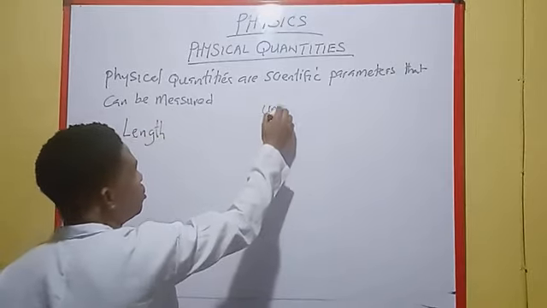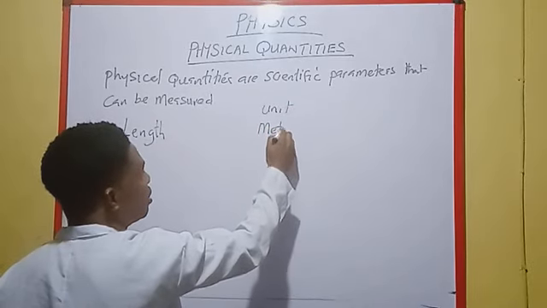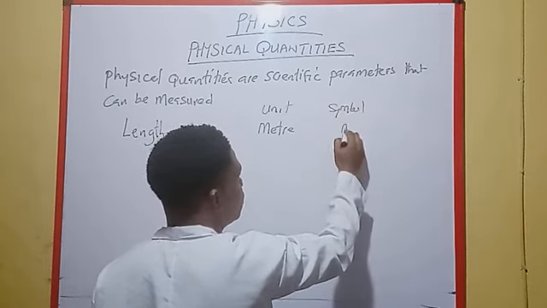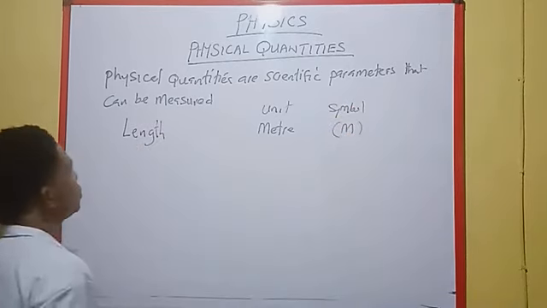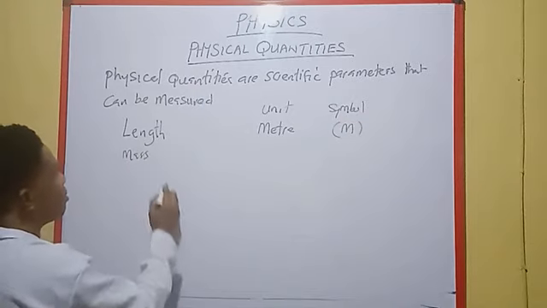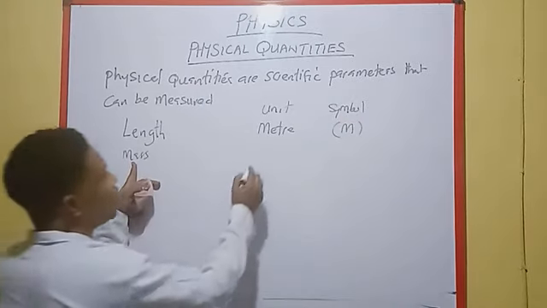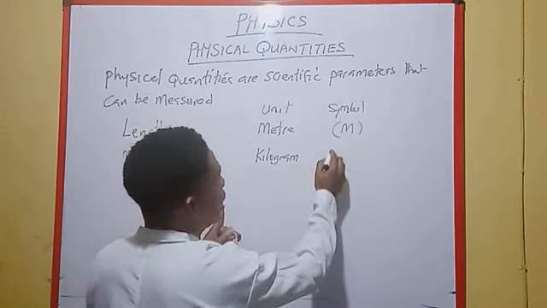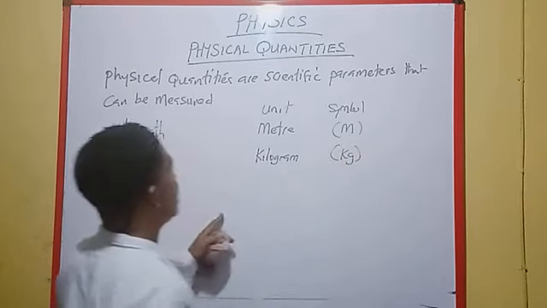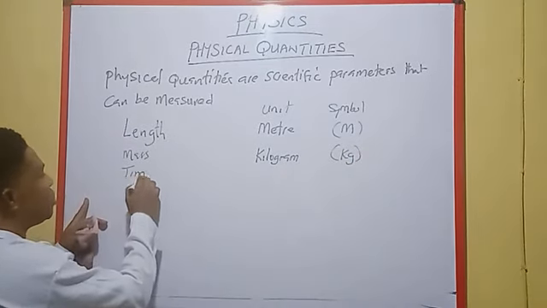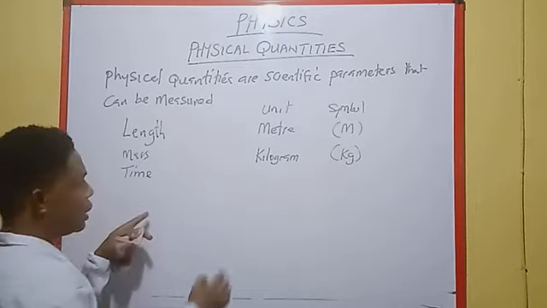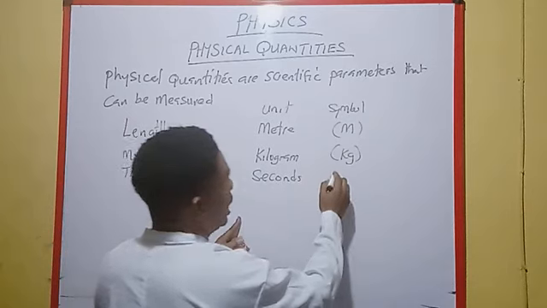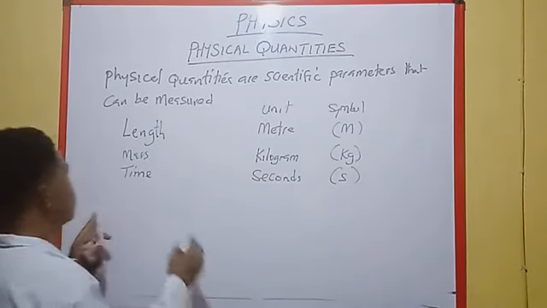The unit of length is meter, and in physics, we use the symbol M. Also, mass is a fundamental quantity, and the unit is kilogram, with the symbol kg. Also, time is a fundamental quantity, and the unit is seconds. We use seconds to measure time, and the SI unit is just s.